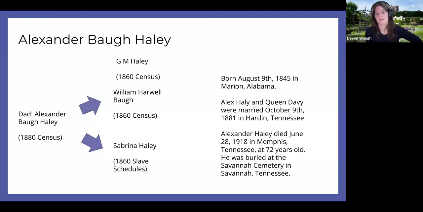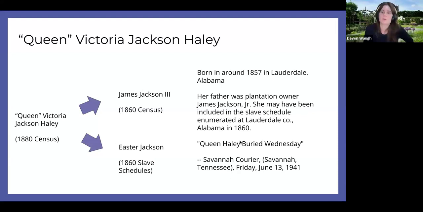Queen, who Alex Haley did end up writing a book about, was born around 1857 in Lauderdale, Alabama, which is northwestern Alabama. I am able to find her mother listed in the 1860 slave schedules under James Jackson, who is the plantation owner of the Forks of Cypress Plantation.